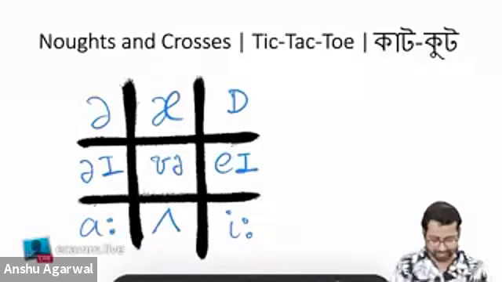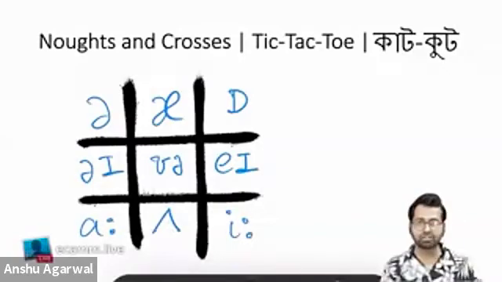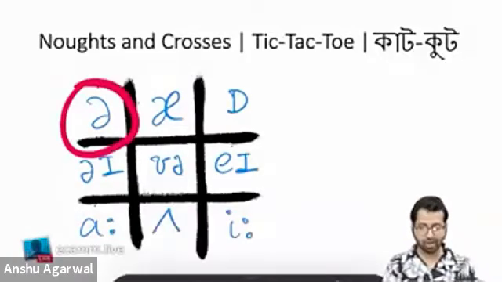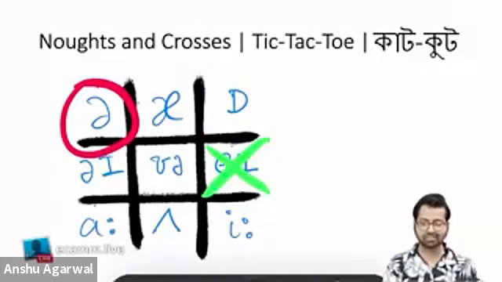Let me give you an example. For example, I say the word about has a sound, right? So first I'm going to circle the one, right? And then the next word I'm going to say is day. Day has the a sound, so I'm going to cross this one.